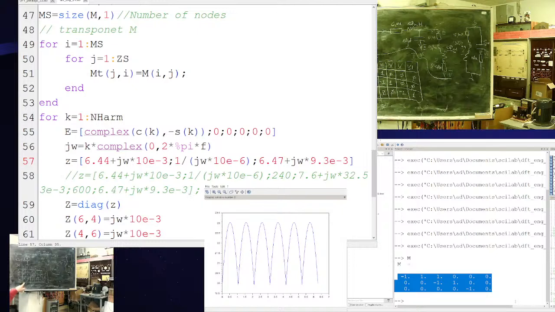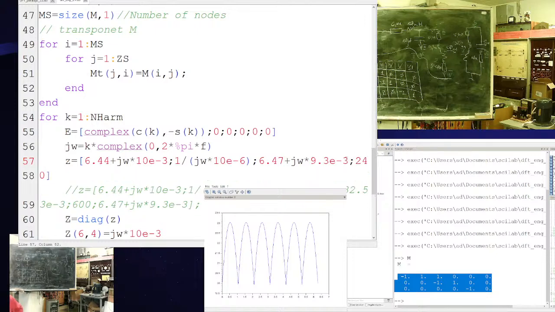Now I have branch number 4, 200 here. This will be number 4. Here is my branch number 4. What about branch number 5? 7.6. This one, I think, is for branch number 5.